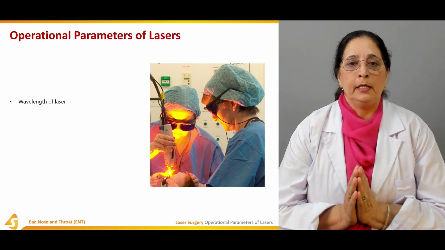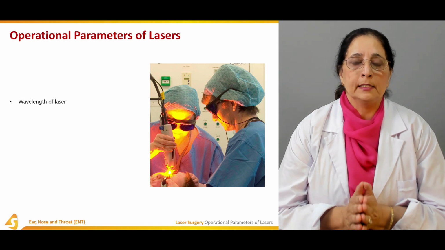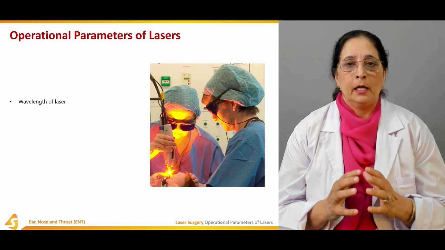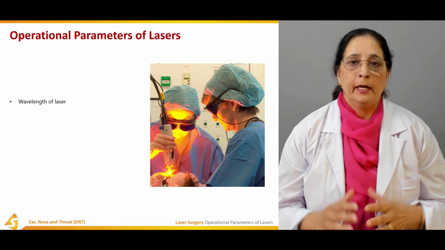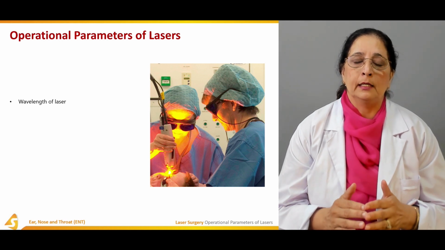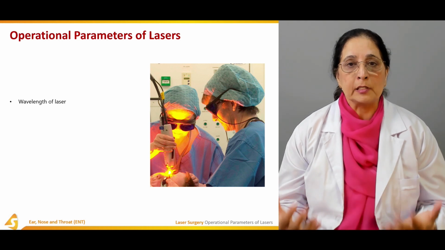wavelength of the laser is a very important parameter that is responsible for the effect of the laser on the tissues. If the wavelength is smaller, the penetration is less deep, and it also scatters more.